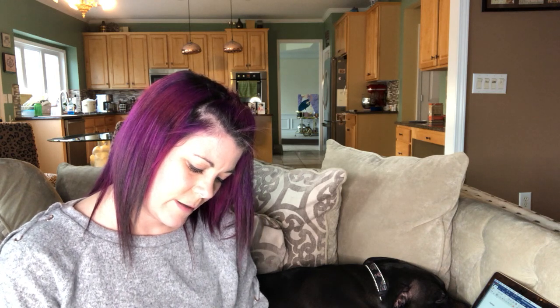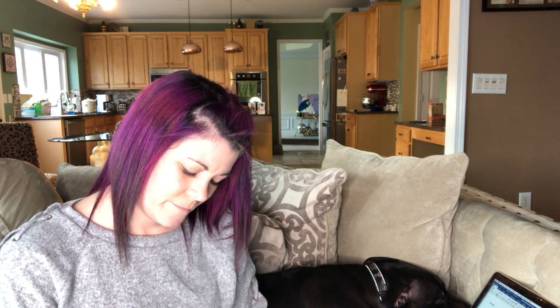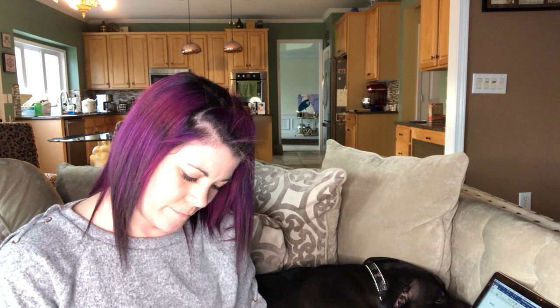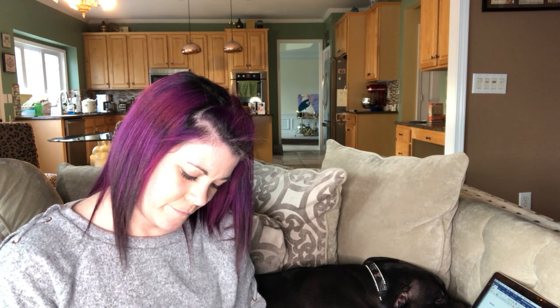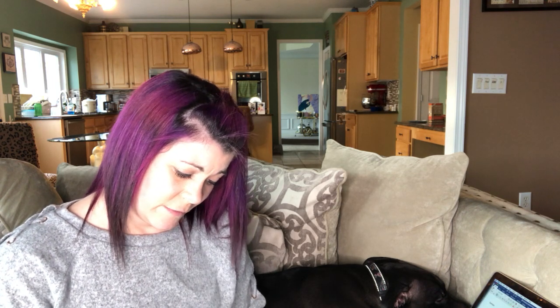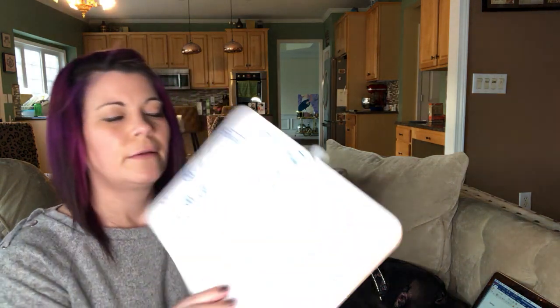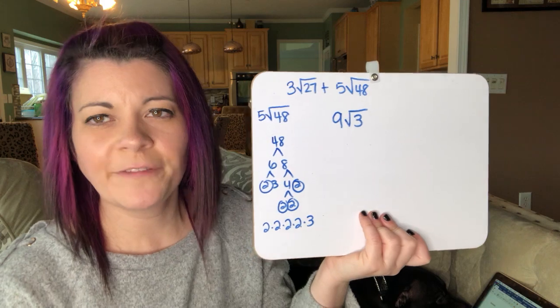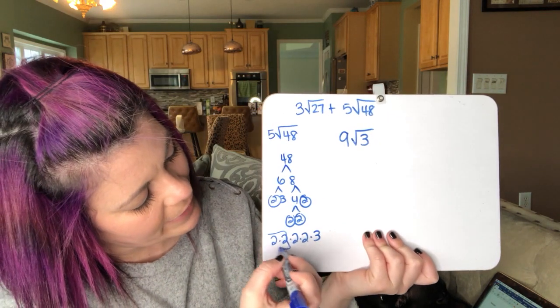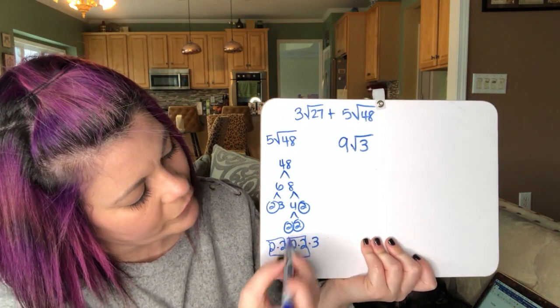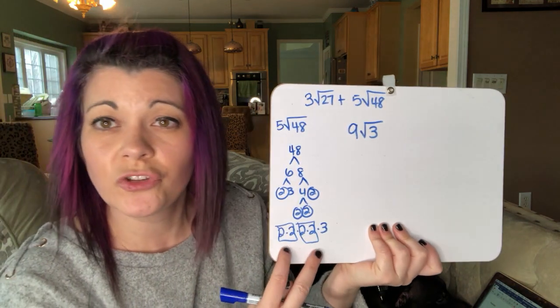I'm going to find the prime factorization. So 2 times 2 times 2 times 2 times 3. So I find the prime factorization here. I have a pair of 2's here. I have another pair of 2's here. So I can take out two 2's.